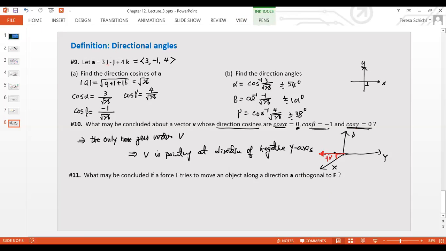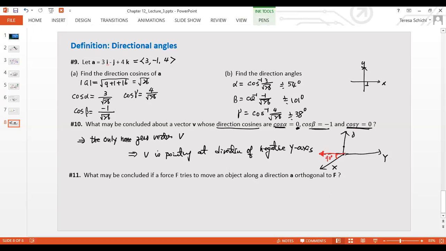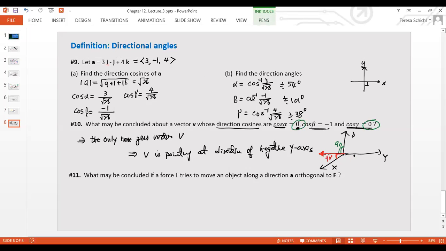The same way here, from the y-axis to the z-axis, this one is also 90 degrees. That's why both got 0. Then the beta here is -1. Why? Because from here to here, what is the angle? 180 degrees. So I know the cosine of 180 is -1.